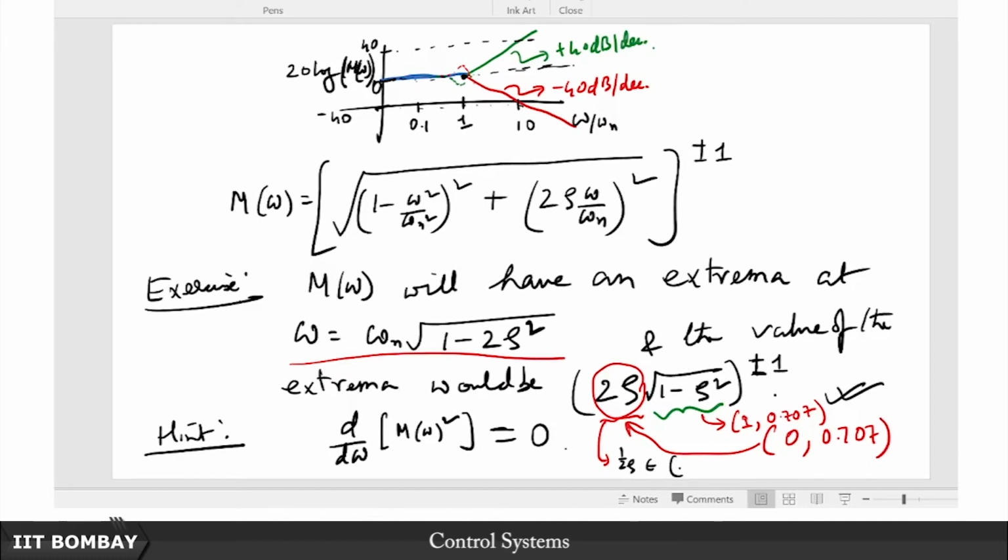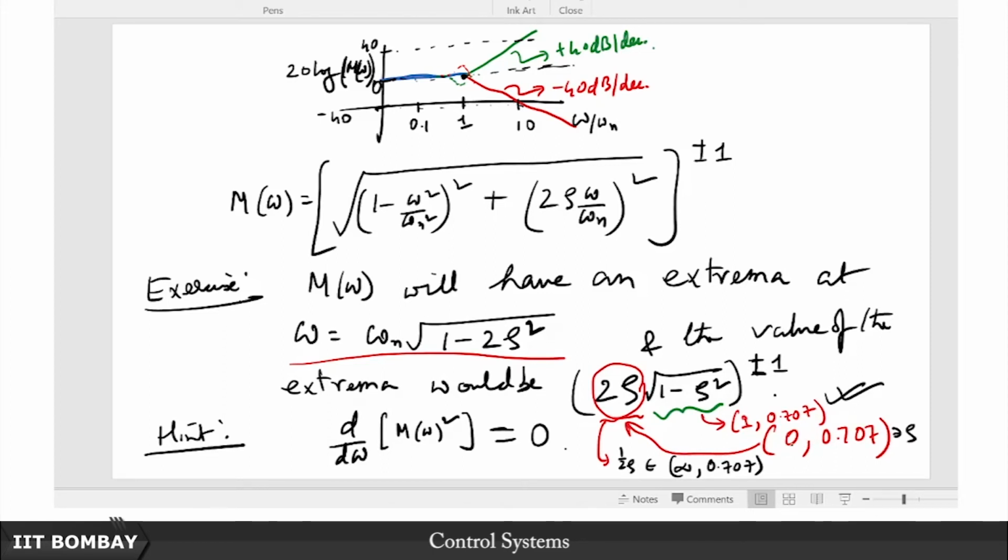At zeta equal to 0, this is almost infinity. Of course, I am reversing the order here; this is not how you write an interval. And at zeta equal to 1 by root 2, this is again 1 by root 2. So, this has a much wider range as you vary zeta within this domain from 0 to, so this is where zeta comes from.